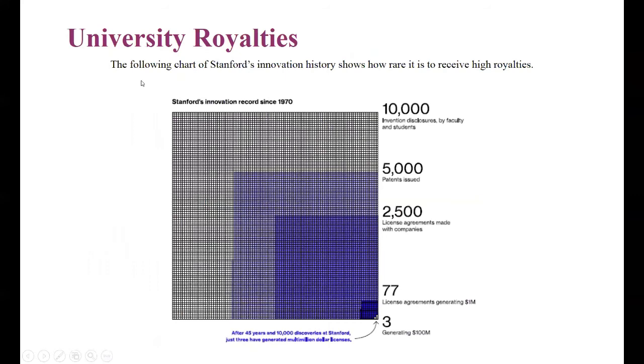Let's take a look at how difficult it is to make large royalties. This chart gives you some information. This has to do with Stanford's innovation history.